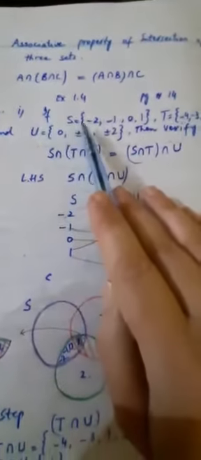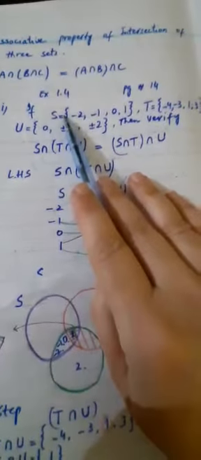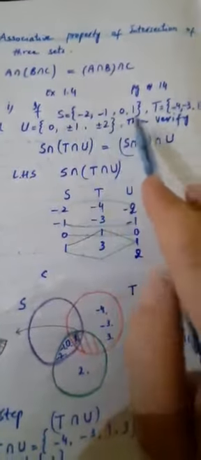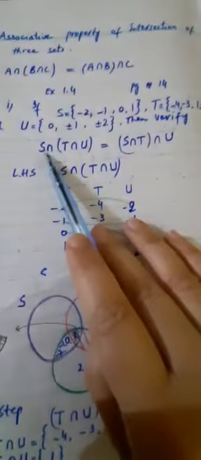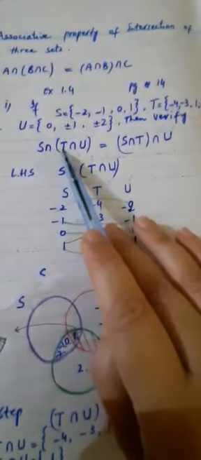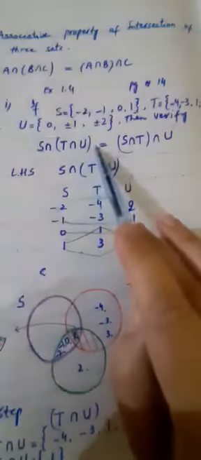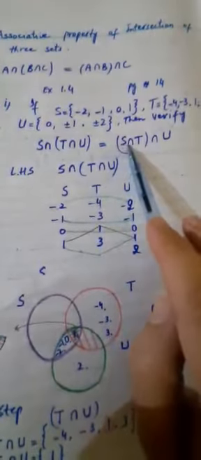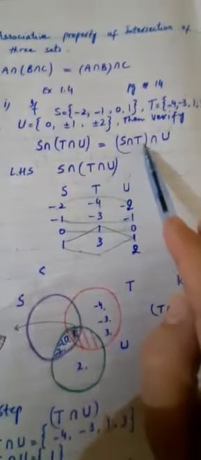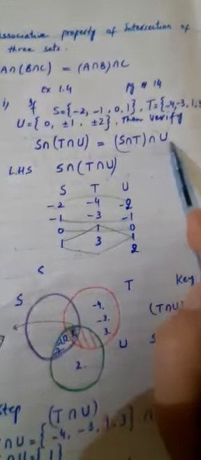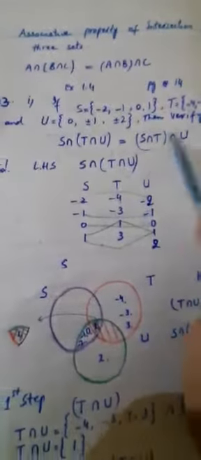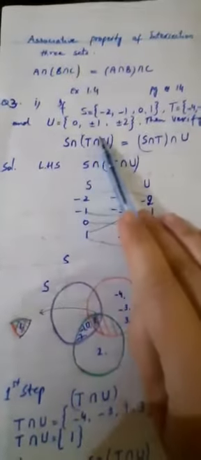We are given three sets, set S, T and U, and we have to verify that S intersection (T intersection U) is equal to (S intersection T) intersection U. Now for that we will first solve the left hand side.